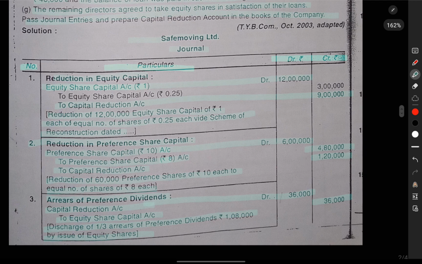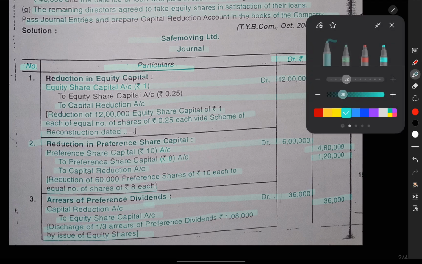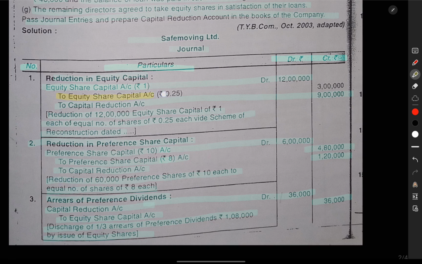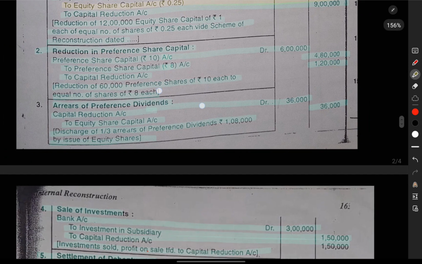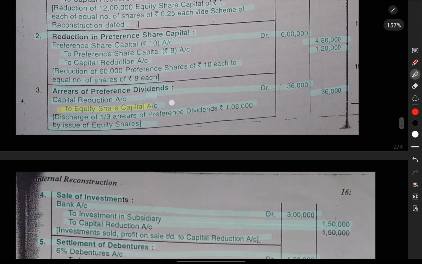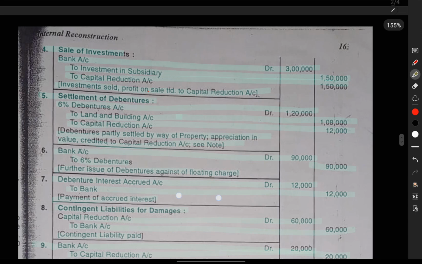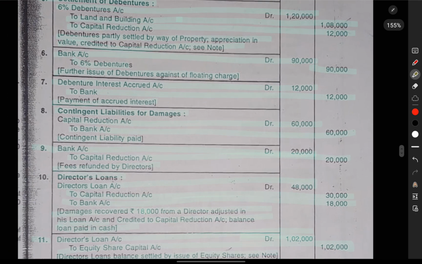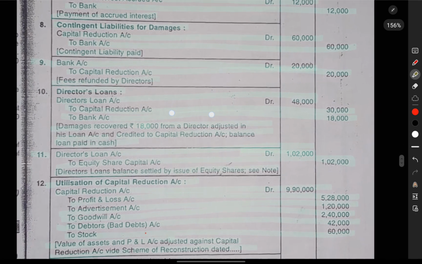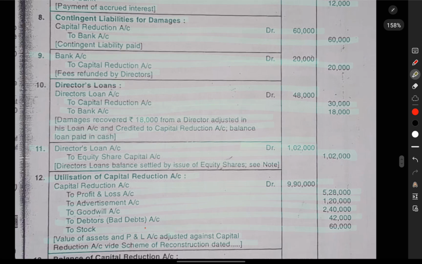We have equity share capital as in the first journal entry 3 lakhs plus in third journal entry 36,000. Next, in 11th journal entry equity share capital is 1,02,000 plus 1,02,000.